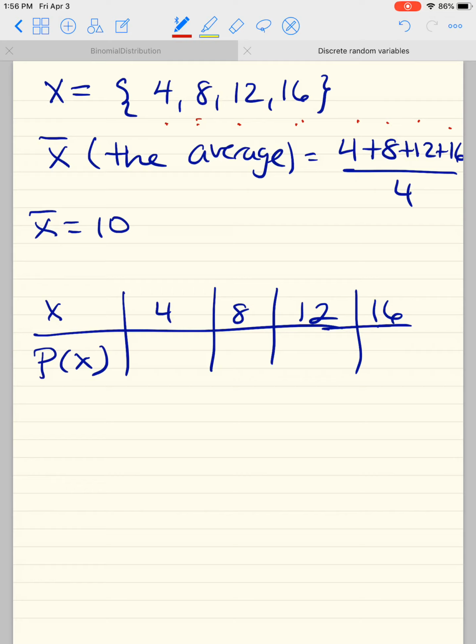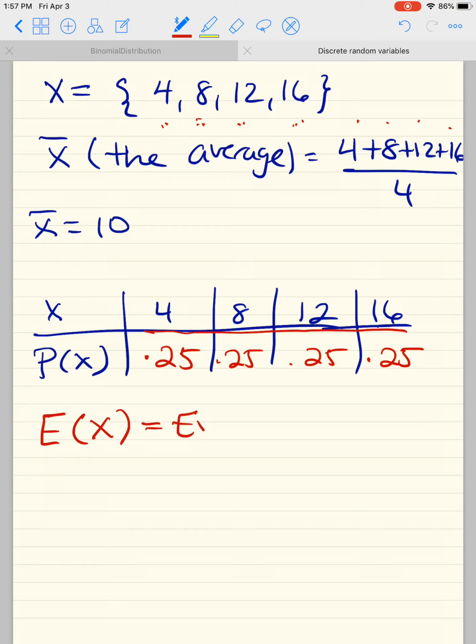So in other words, if I wrote it as a probability distribution table, I would write down 4, 8, 12, 16, and each piece has a 0.25 chance of happening. So in this case, if I wanted to find the average, first I'm going to represent it by E of x for the expected value.